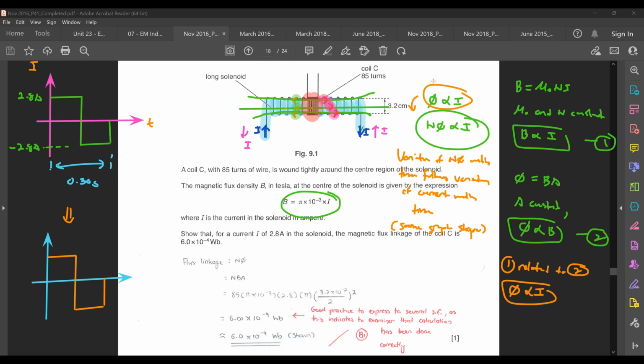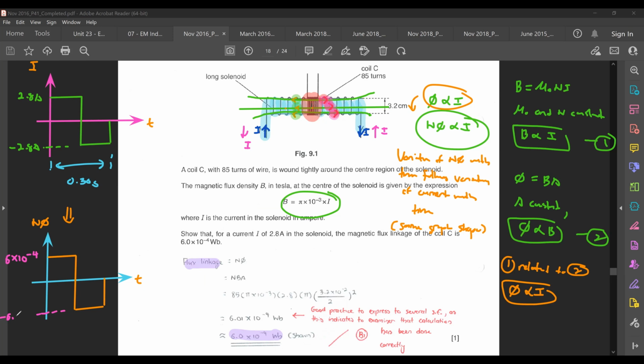Now, if you wanted to find out the value of your flux linkage right now, you can make use of what you found in part A, the first part of your question right over here. You already proved that the flux linkage in coil C is 6 times 10 power minus 4 Weber. So here you could say that you have 6 times 10 power minus 4 Weber. If your current direction was reversed, your flux linkage will also reverse.